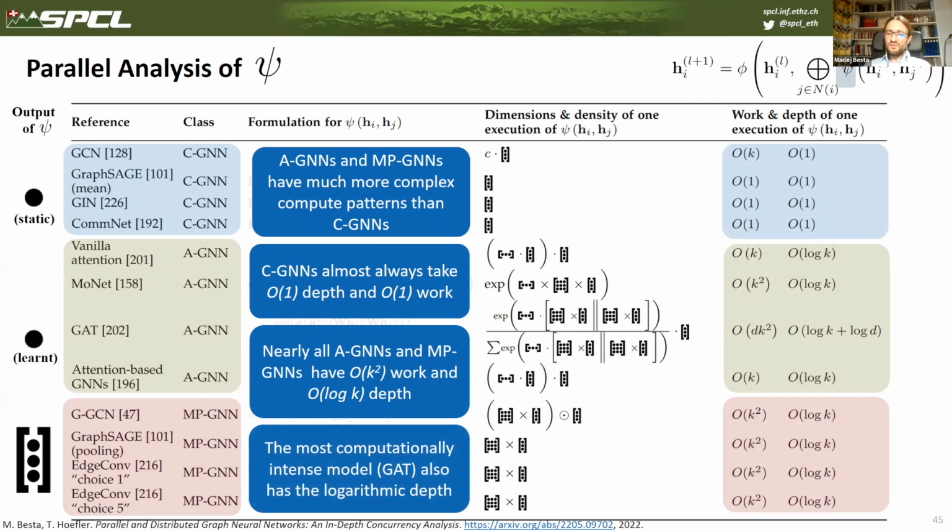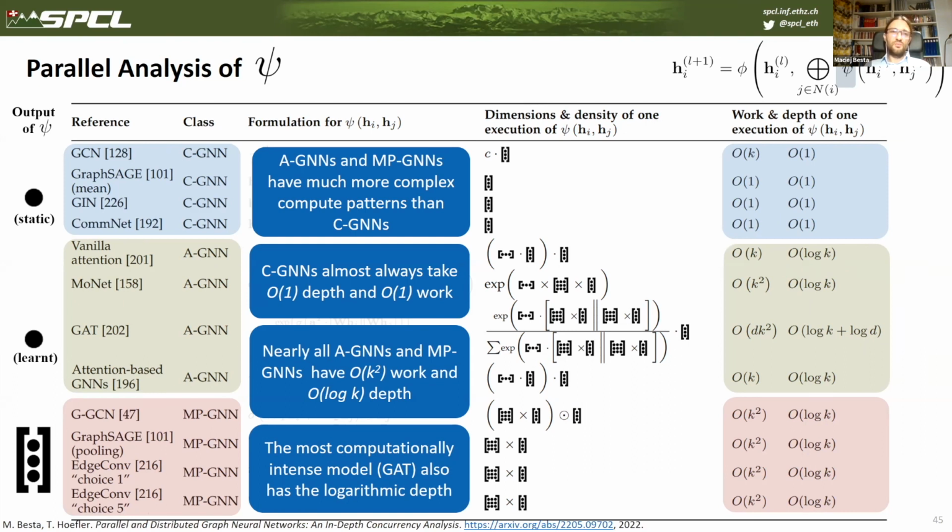So this means that all of these models, despite maybe having quite some amount of work, are nicely parallelizable. And as you can also see, most of them, again except for graph attention, have depth that is logarithmic in the number of features, which is even better because the number of features is usually lower than, for example, the maximum degree in the graph. So this is going to be a minor bottleneck in our executions of the single function psi, right?